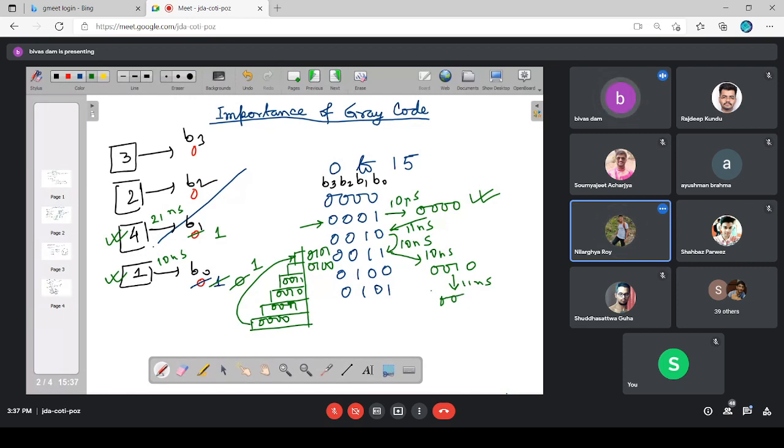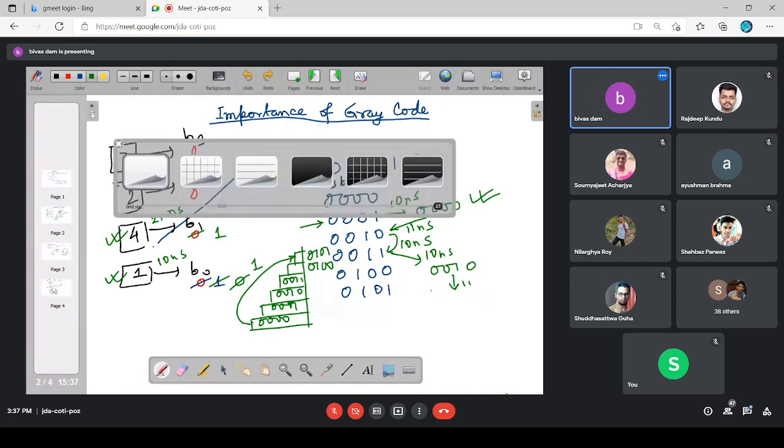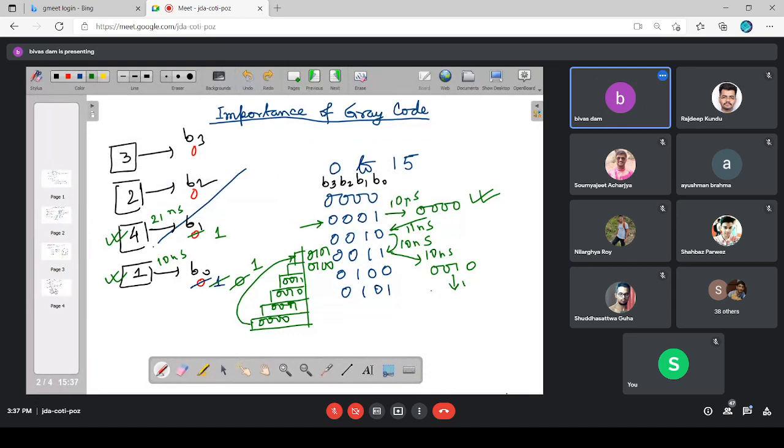0000. I have not categorized that response time. Say this is 14 nanosecond, let this be some 17 nanosecond.